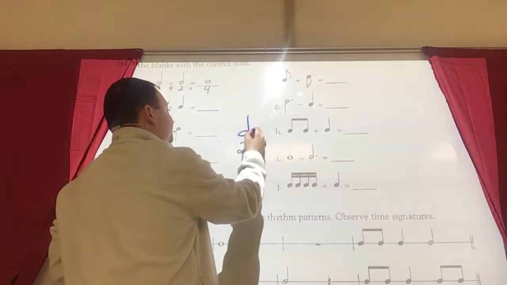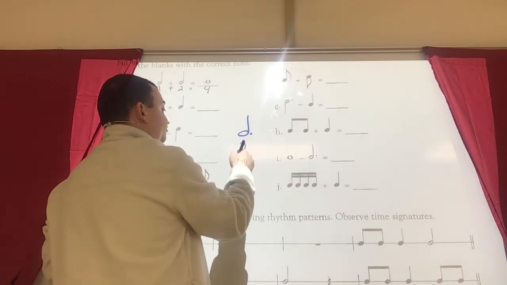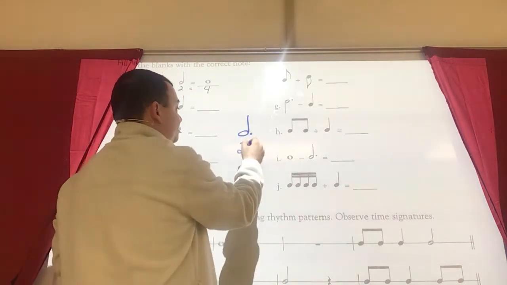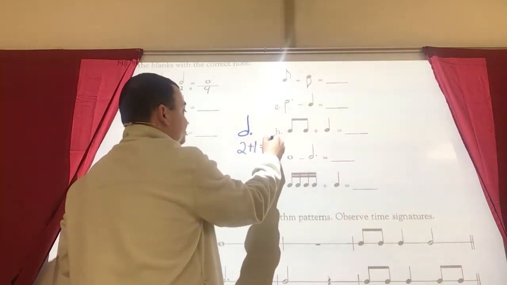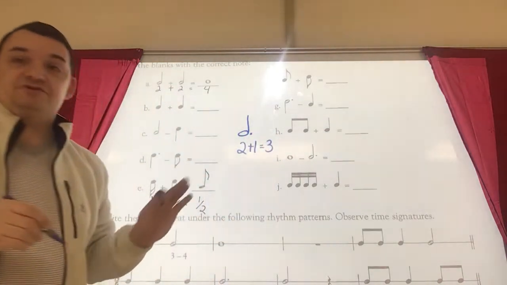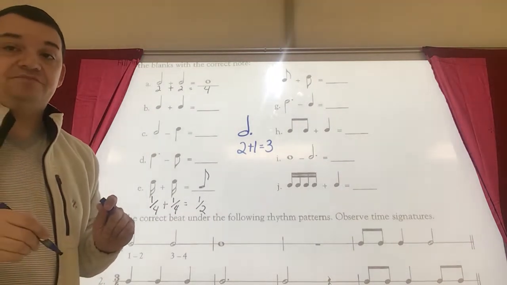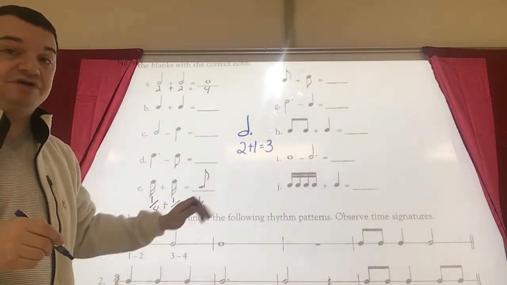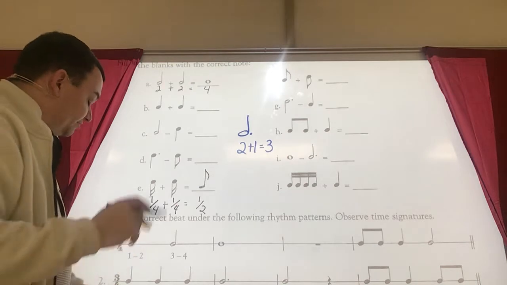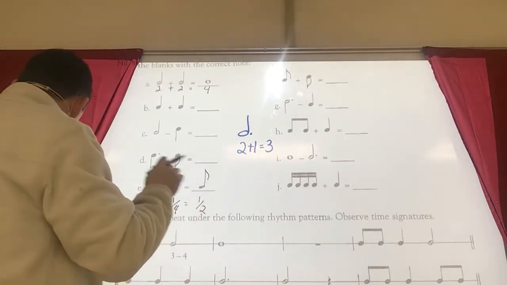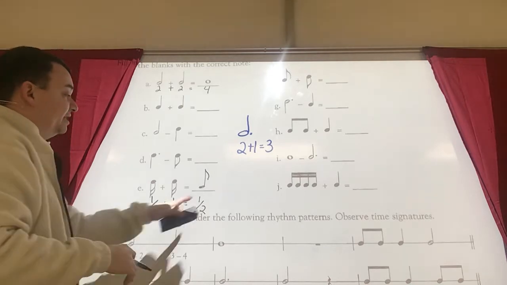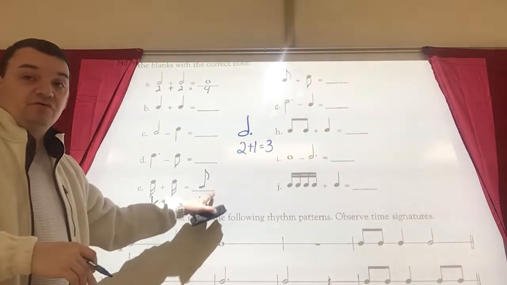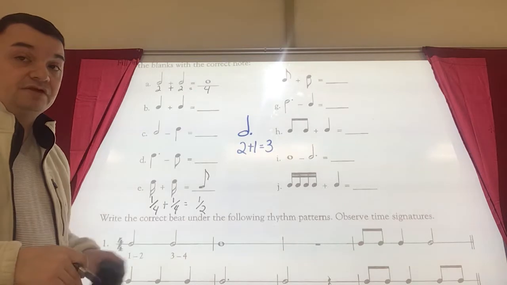If I add a dot to it, half of the original value, half of 2 is 1, so I have to add another 1 beat to that note, and it becomes 3 beats of music now, okay? So a dotted half note is 3 beats. So just remember, you're adding half the original value to a note, and then you're supplying the answer in the form of another note, okay?